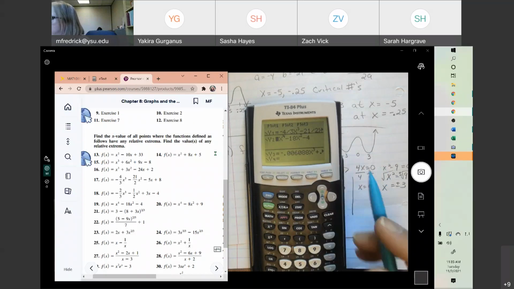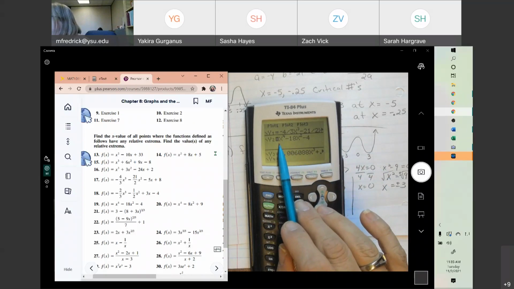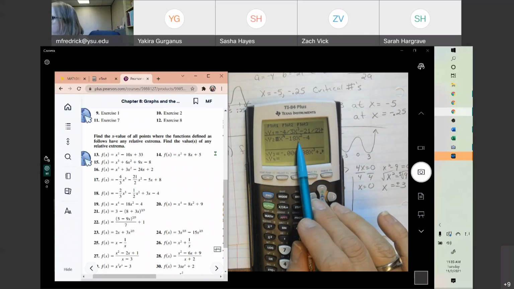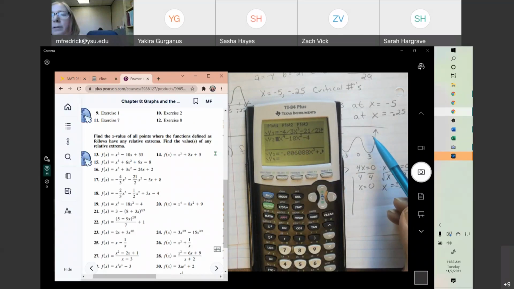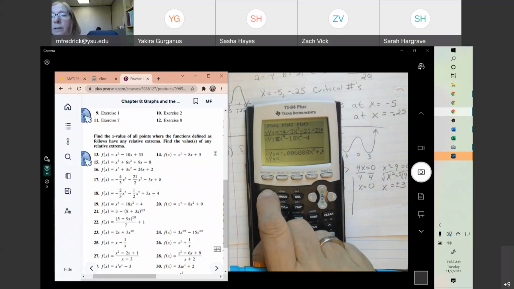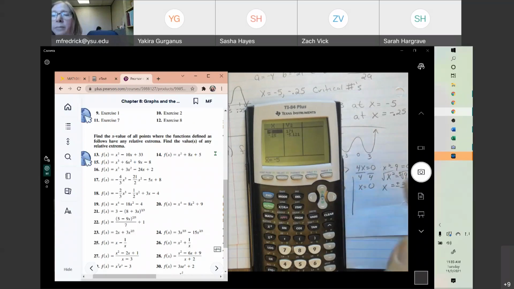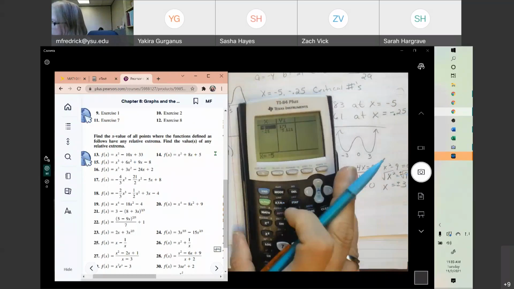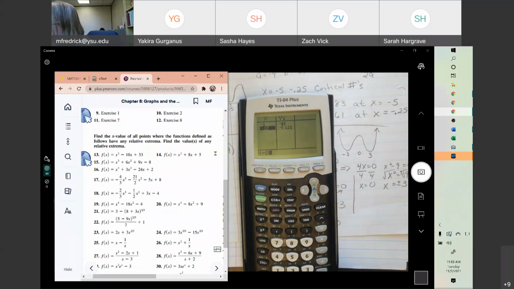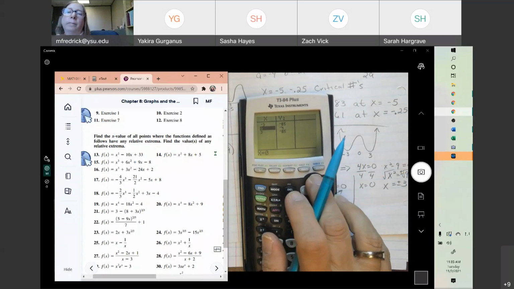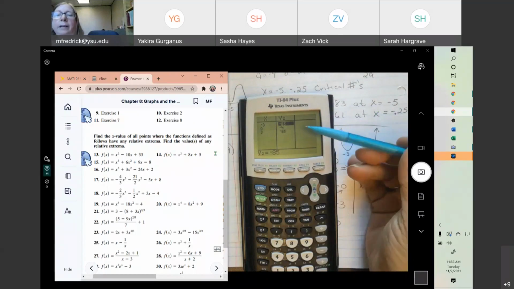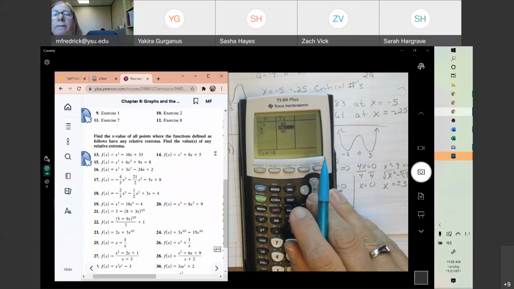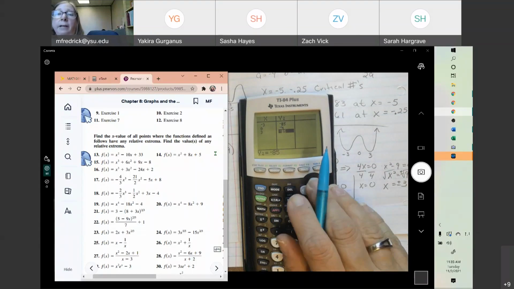I already stored it. So under y equals, you type the equation, x to the 4th minus 18x squared minus 4. And then second, table, and we want 0, -3, 0, and 3. So we get a -85, a -4, and a -85 again.